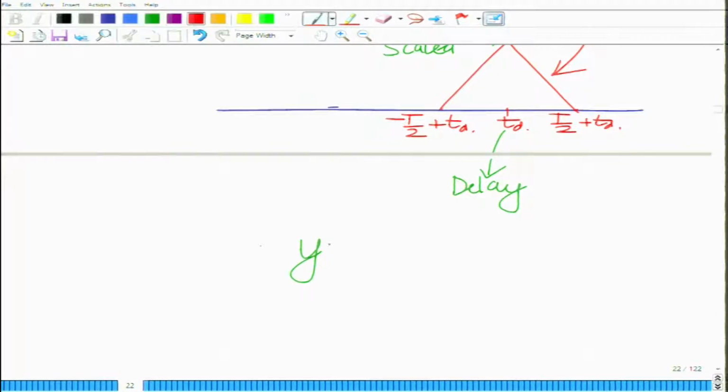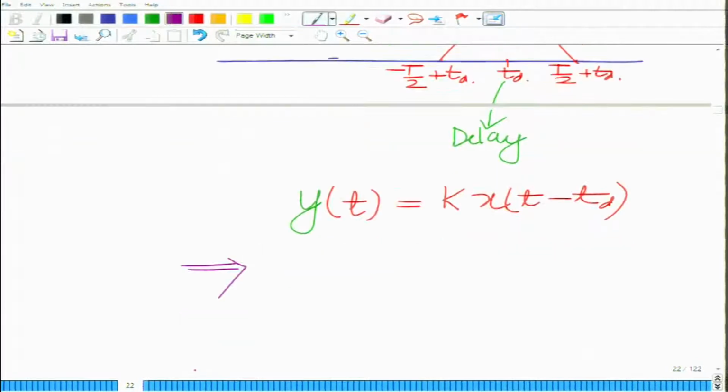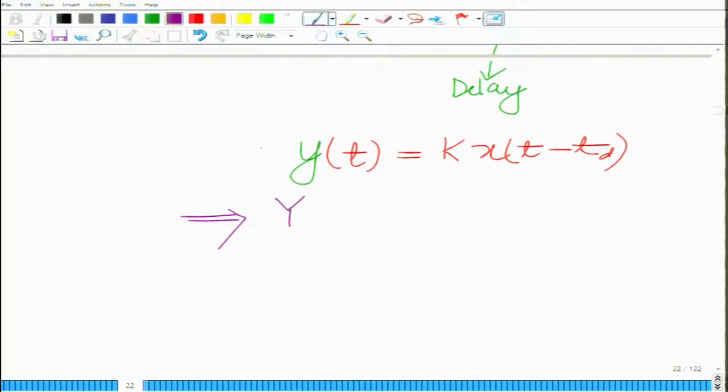Now, if you look at such a system, you can naturally see we have y(t) equals k times x(t minus t_d), which implies if you take the Fourier transform, you have Y(omega) equals k times the delayed version of x, delayed by t_d.